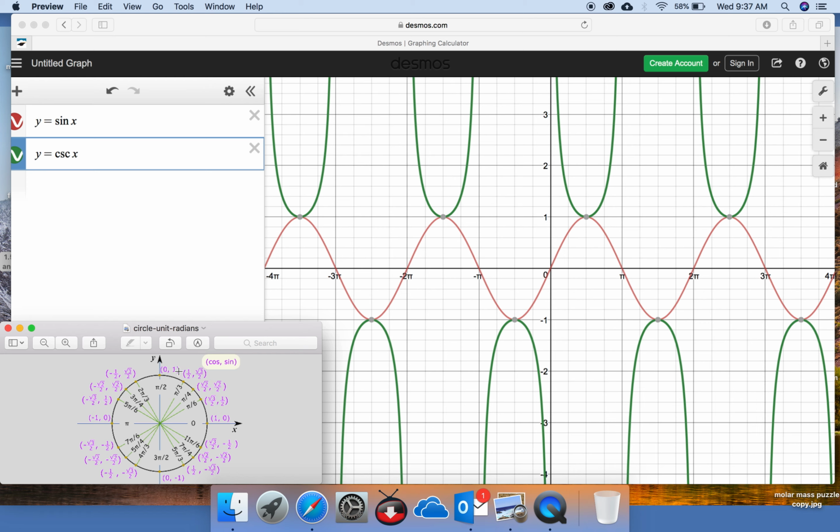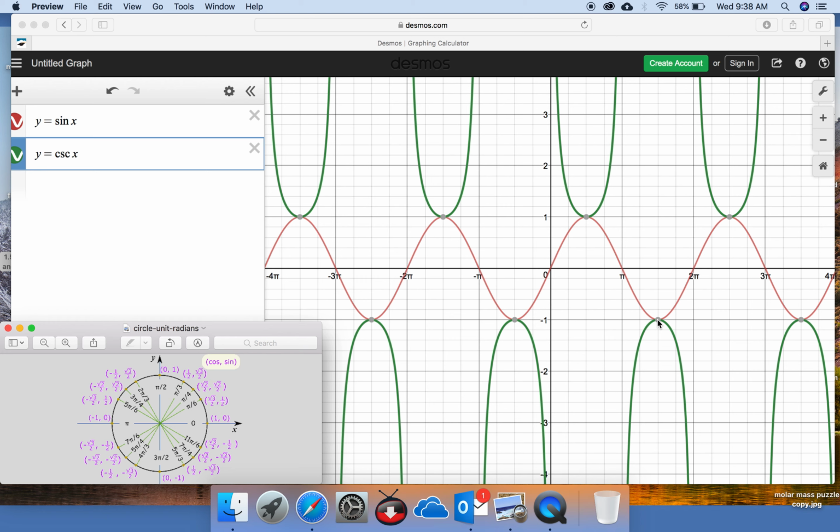We know the value of sine is 1, and the value of cosecant is 1 over sine, so 1 over 1 is 1. And at 3 pi over 2, 1 over negative 1 is negative 1.